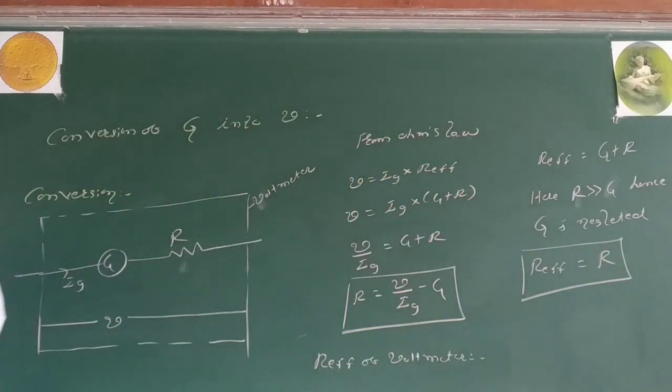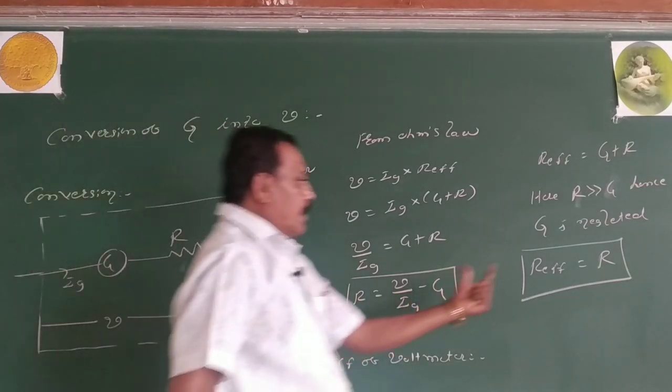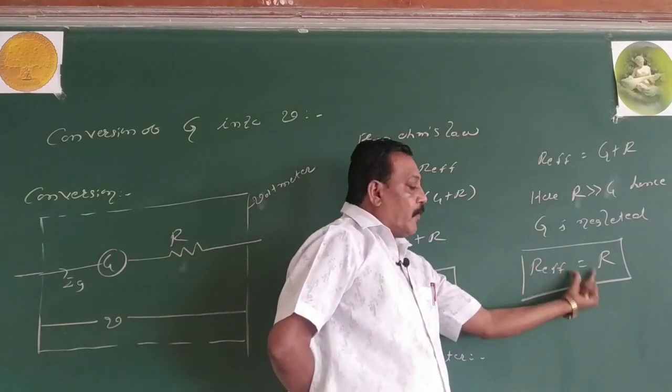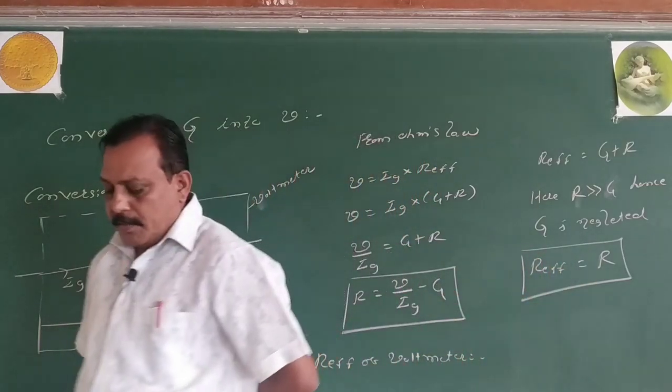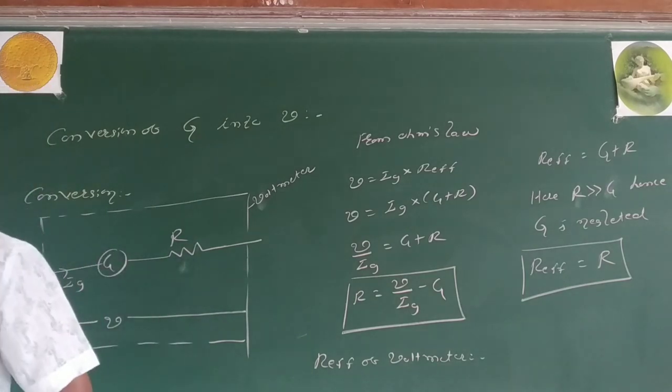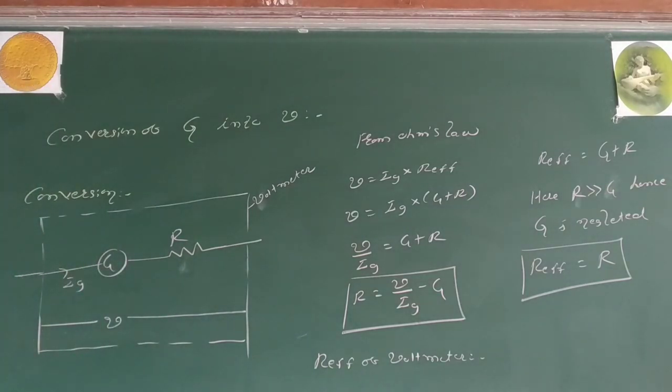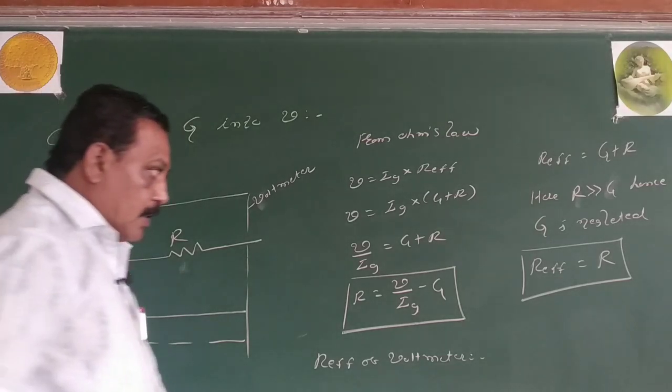What have we studied earlier? Ammeter is a low resistance device. Here, voltmeter is a high resistance device. When you go for the ideal concept, voltmeter is a high resistance device. If you ask how high, it approaches what? Infinity. Hence, we can go for the ideal concept.